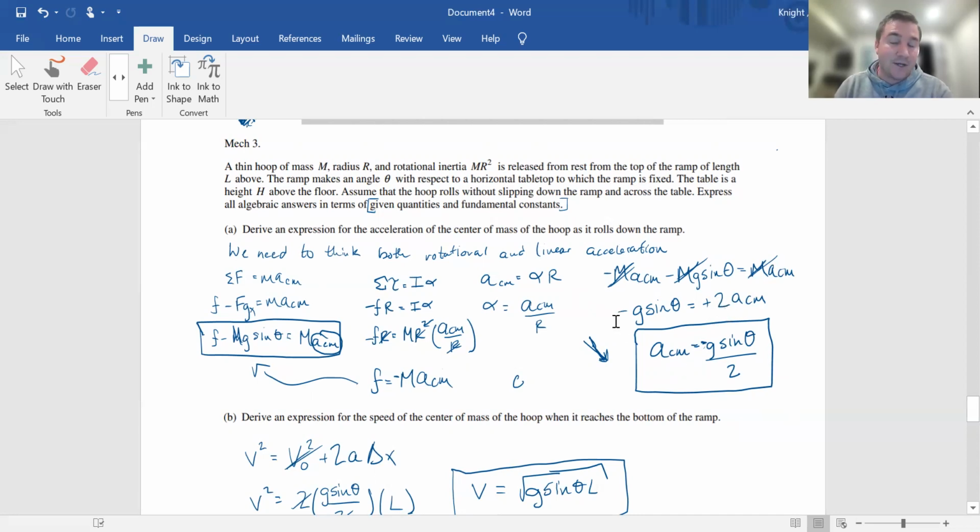And when we divide the 3/2 over, this number for our acceleration obviously becomes bigger, right? If we're dividing by 2 versus dividing by 3/2, this acceleration would become 3g sine theta over 2, which is a larger number than g sine theta over 2, right?